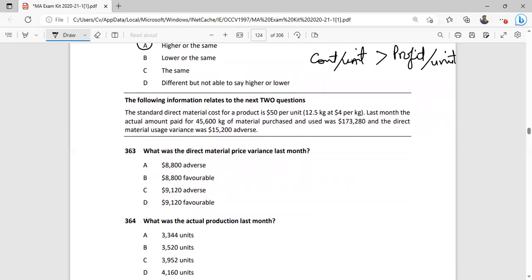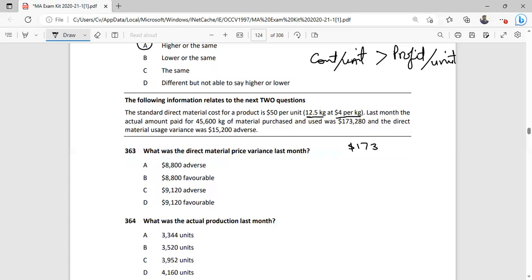The standard direct material cost for a product is $50 per unit. 12.5 kg is standard usage per unit. $4 per kg is standard price per kg. Last month, the actual amount paid for 45,600 kg of material purchased and used was 173,280.